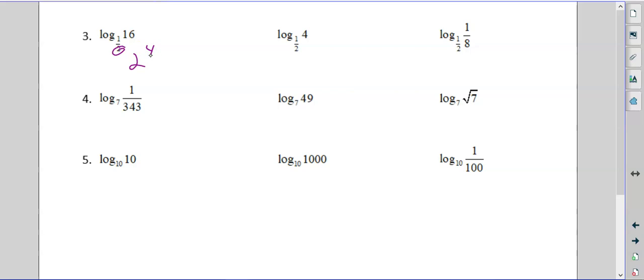So if we do 1/2, we just have to make it negative 4. Think about the whole numbers, it makes it easier. 2 to what power is 16? 4. And since our base was 1/2, and we need to move it from the denominator up, we make it negative 4. Again here, 2 to what power is 4? 2 squared. But it's 1/2, so I need negative 2.